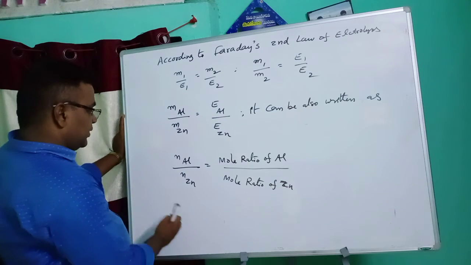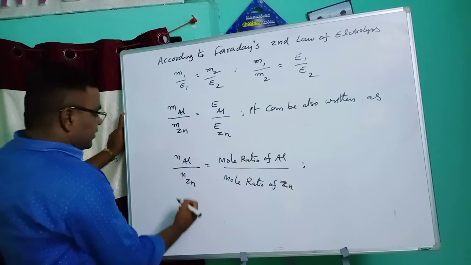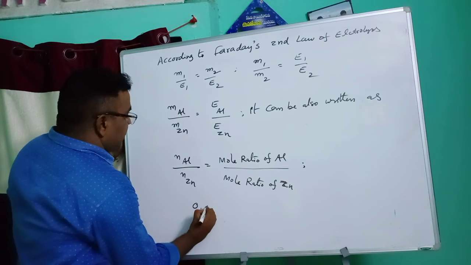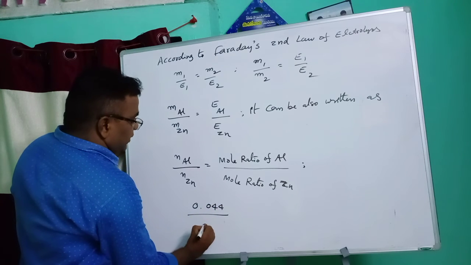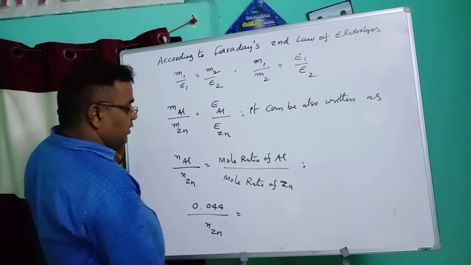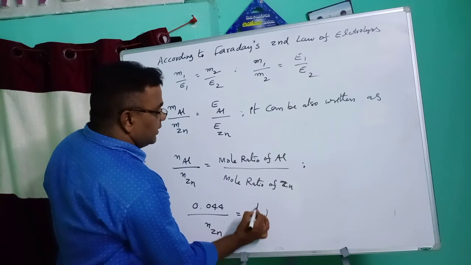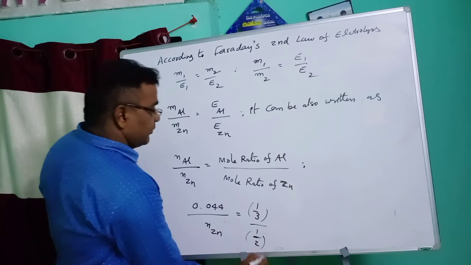So we know that the number of moles of aluminum is 0.044 moles, by the number of moles of zinc. We have the mole ratio of aluminum as 1 by 3 and the mole ratio of zinc as 1 by 2.